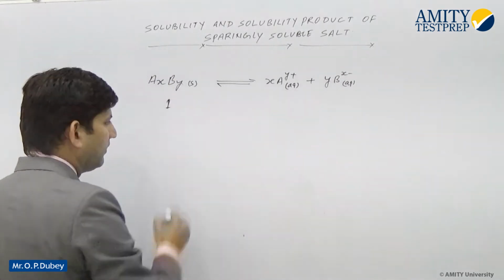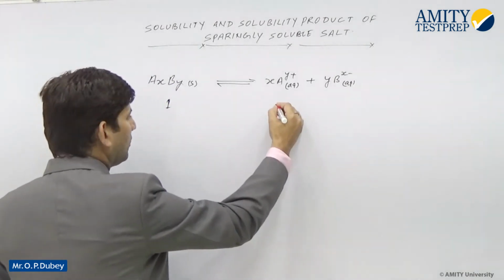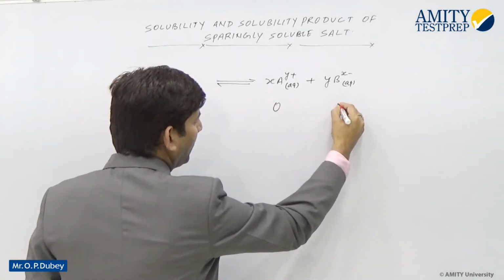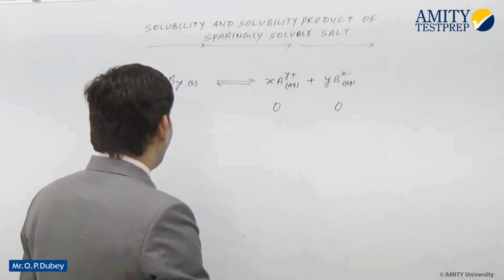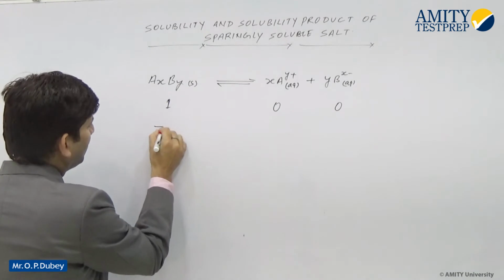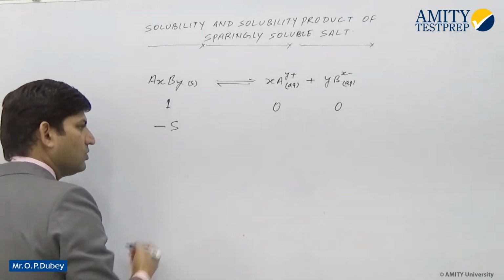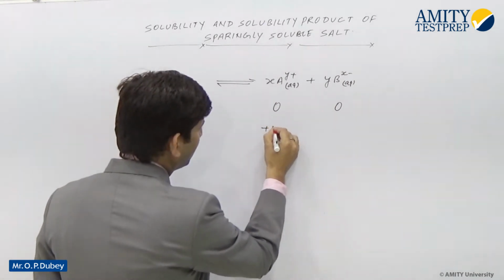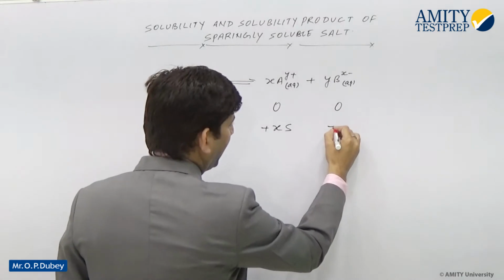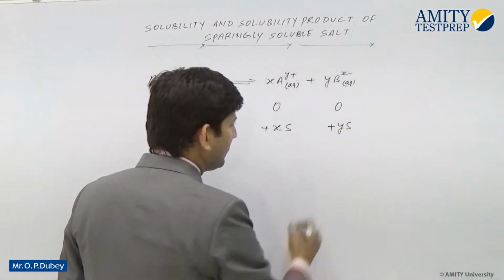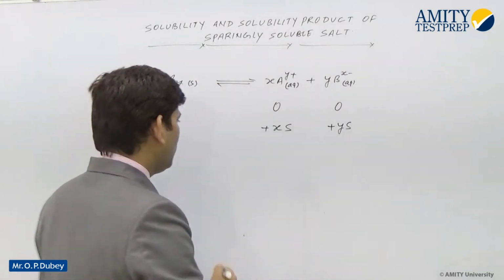Suppose initially we dissolve 1 mole of AxBy. The initial concentration of A^y+ and B^x- is 0, 0. If the solubility is S moles per liter, it dissociates and gives xS moles of A^y+ and yS moles of B^x-, at equilibrium.